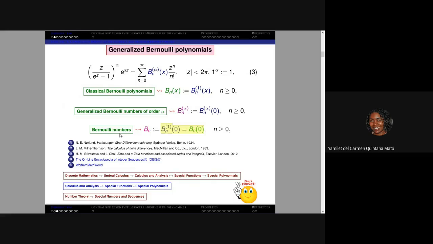In addition, you can find more information on sequences of numbers associated with these polynomials on the website of the Online Encyclopedia of Integer Sequences or Wolfram MathWorld.